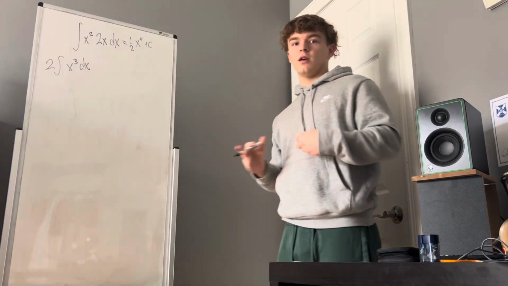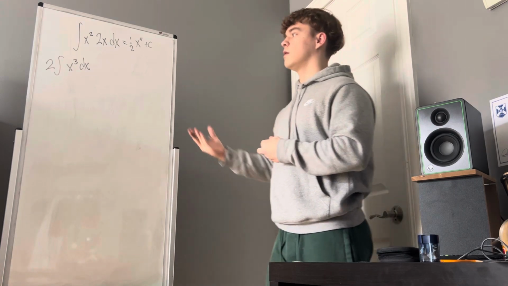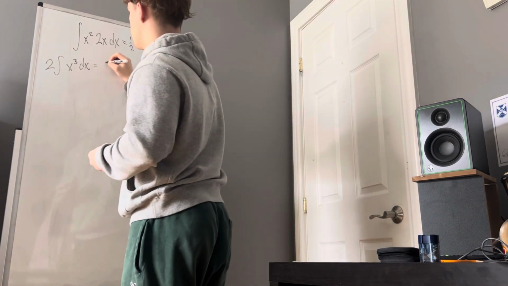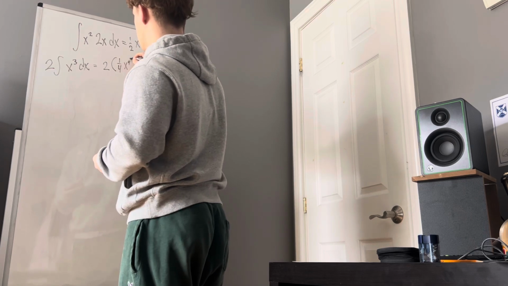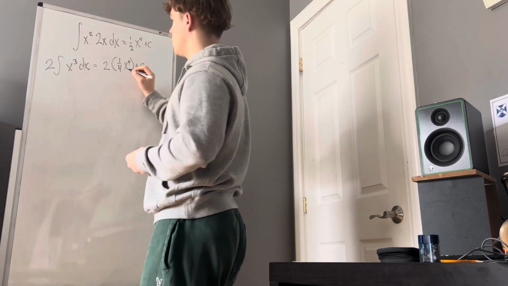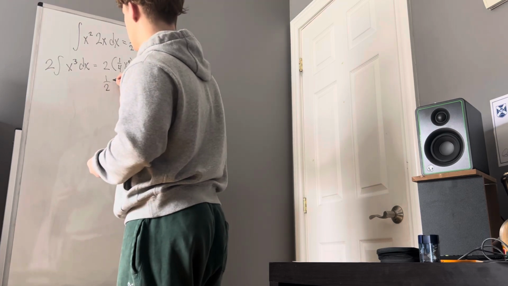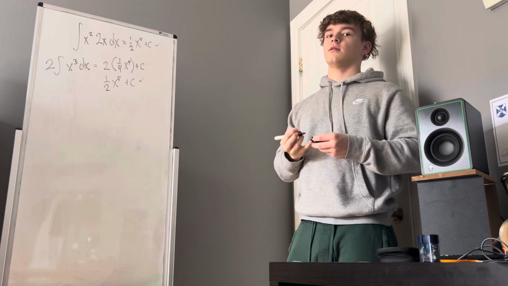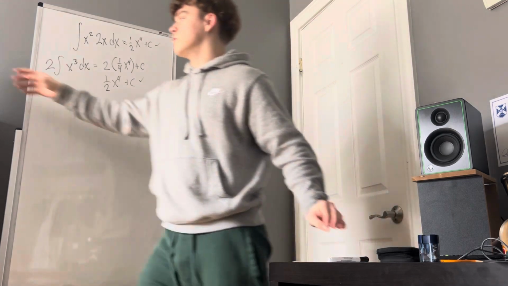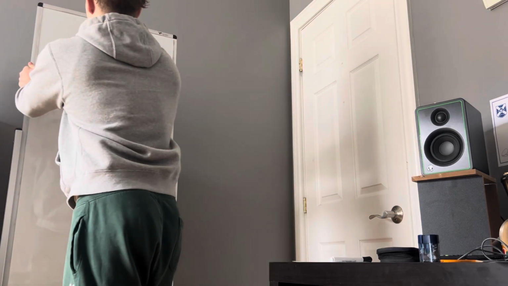We know that from derivatives. This is just an antiderivative. Let's do this. We get 2 times 1 over 4 x to the 4 according to the power rule plus c. 2 divided by 4 is 1/2 x to the 4 plus c. Same thing. Boom.